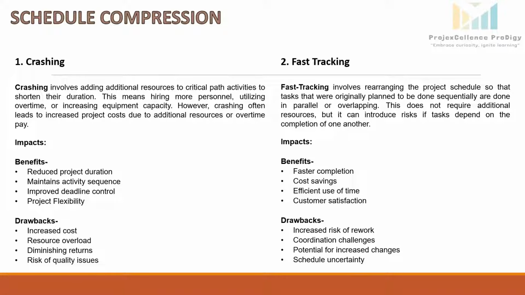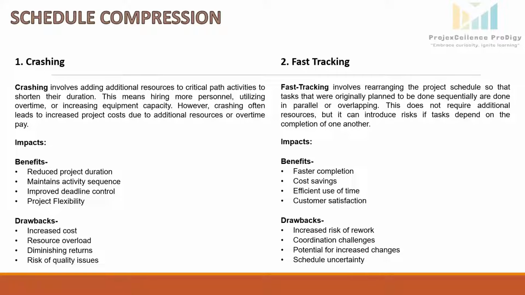Potential for increased changes. Changes in the sequence of tasks can create uncertainty, which will lead to more change requests, revisions, or issues that were not anticipated earlier. Schedule uncertainty. Since tasks are being done in parallel, any disruption in one task may affect the timeline of another, which will lead to unpredictability in the overall schedule.